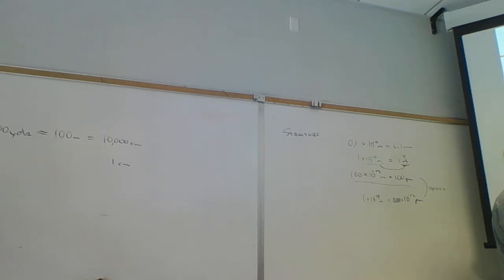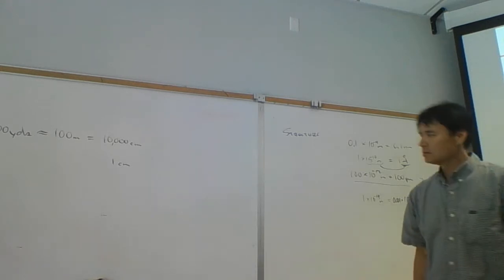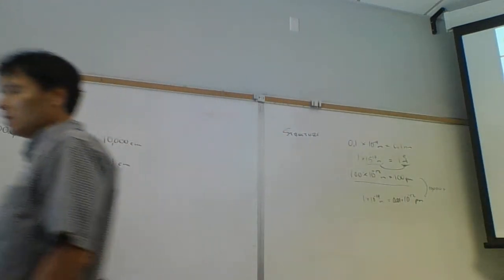The density of the nucleus is like 200, not 200, 2,000 tons. 2,000 tons per milliliter. Can you imagine 1 milliliter having 2,000 tons of matter? It's mind-boggling. So the density of the nucleus is incredibly big.